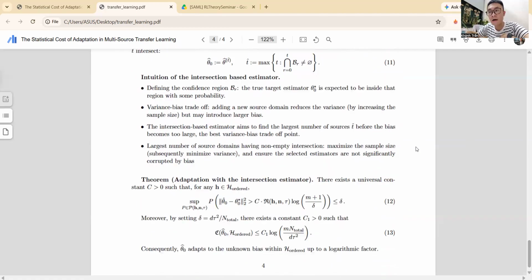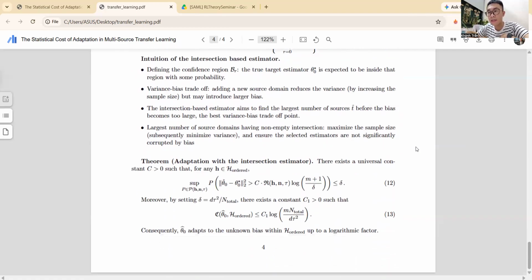With the estimator derived from the intersection-based method, they have this result, which means that the probability of a large distance to the two target estimators is smaller than the confidence threshold.